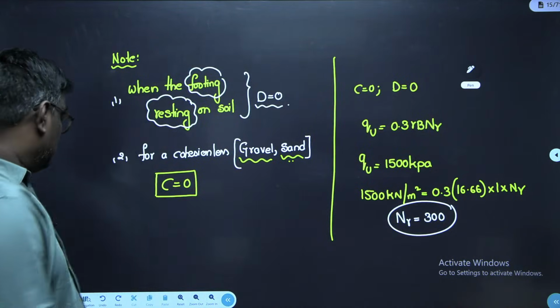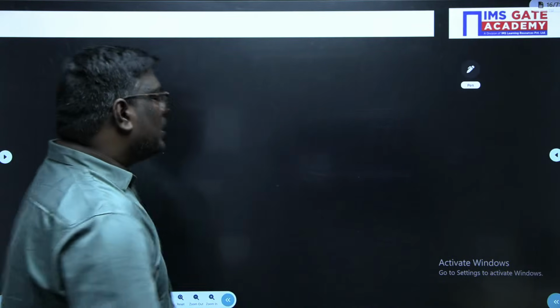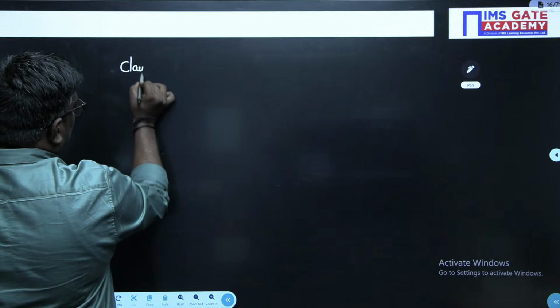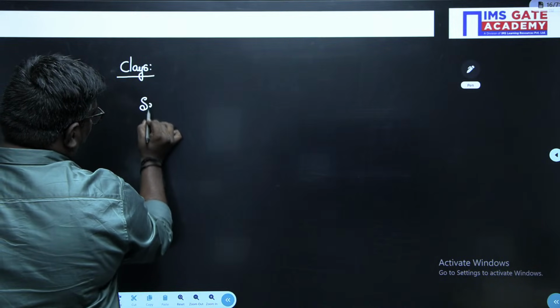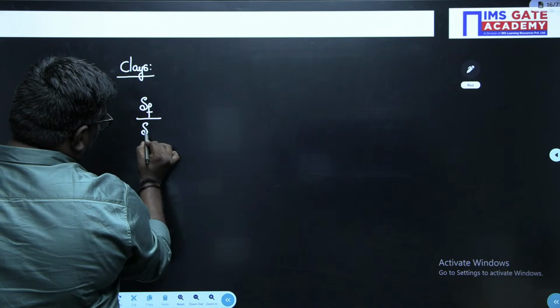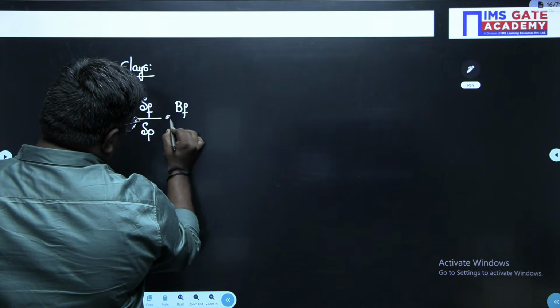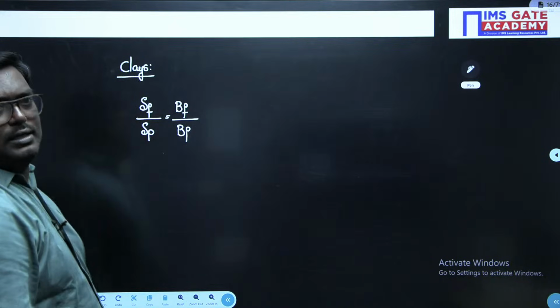Now, my dear students, if you want to solve any problems on plate load test for clays, settlement of the foundation by settlement of the plate upon breadth of the foundation upon breadth of the plate.